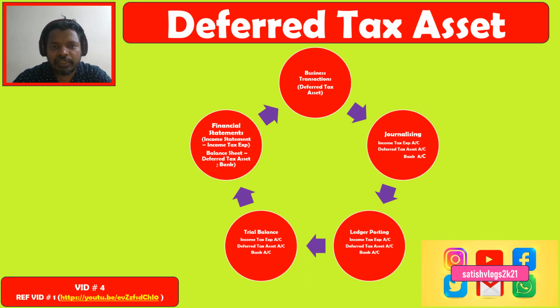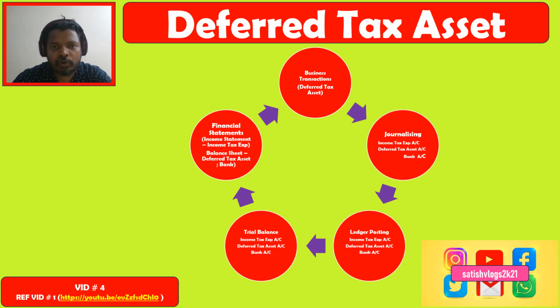Now let's move to the last phase of an accounting cycle, which is financial statements. What are the financial statements? One is the income statement and the other one is the balance sheet, right? Initially, I had clearly said that this deferred tax asset would impact only the balance sheet.